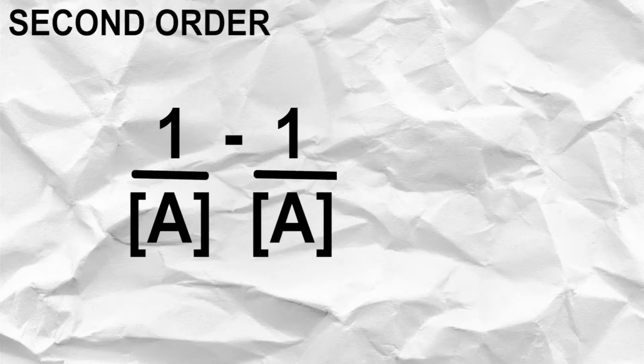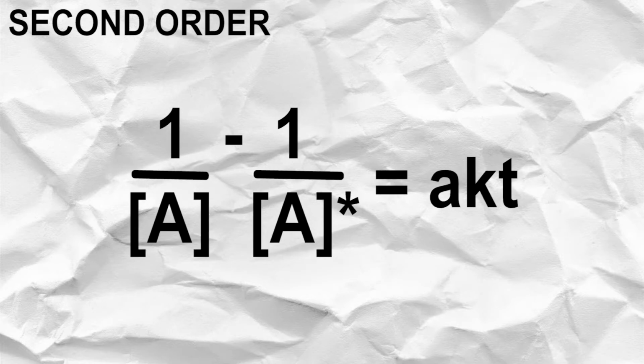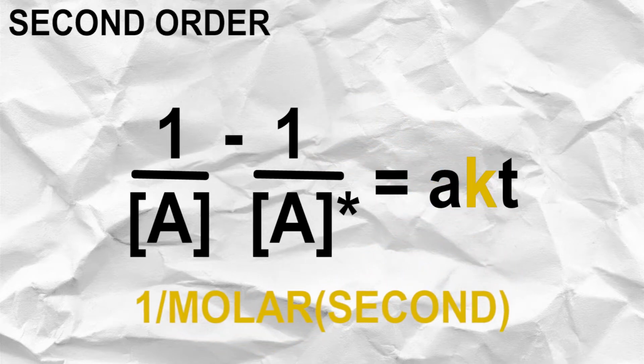We write the rate law expression for this order as 1 over A minus 1 over A naught equals aKt. K in this equation would have units of per molar second, not molars per second or just per second, because the concentration of the reactants would have the squared molar units, since they are now raised to 2 in the second order.